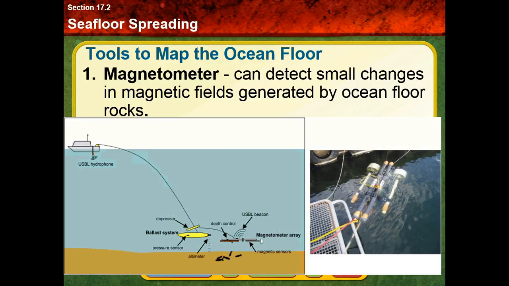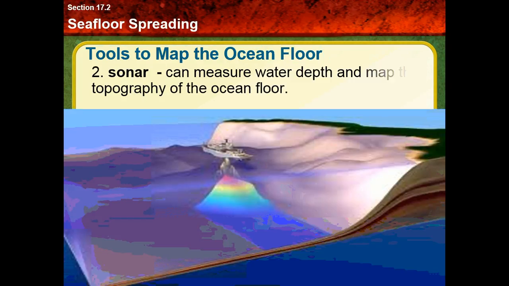And then it's going to cool down, and all the iron in particular in the rock is going to stay aligned with magnetic north. The result is this banding on the ocean floor that shows us which way magnetic north was when that particular rock was hardened from magma. They use the magnetometer to tell which way magnetic north was when that rock was formed, and they can map it that way.